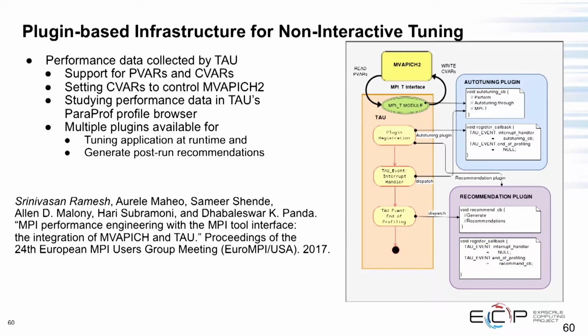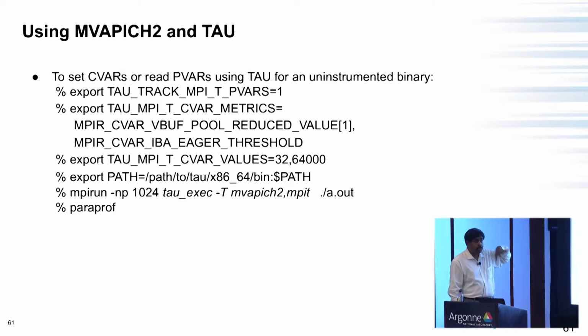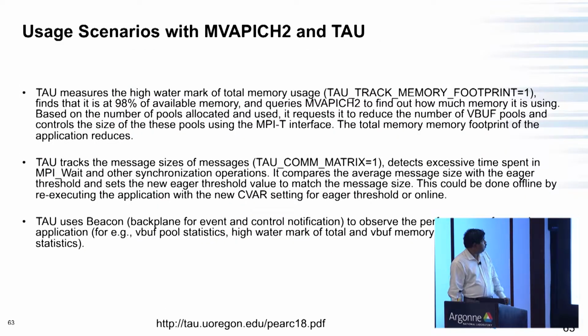You can read more about it in Srinivasan Ramesh's paper, and he's here at AppSec if you would like to talk to him. And create this TAU plugin and change the MPI execution by accessing the performance variables and control variables within MPI. And you can see the difference in performance when that happens.